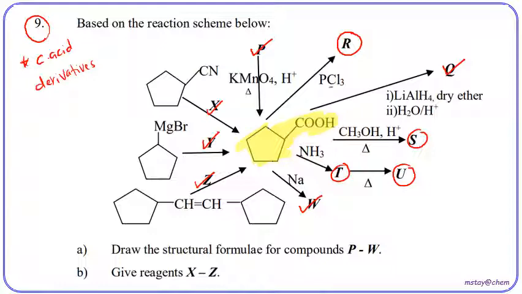When we see the PCl3, we know that the OH bond will be broken and then replaced with the Cl. I want to remind again, if the carboxylic acid is going to form a carboxylic acid derivative, the bond is broken between the carbon and the OH.